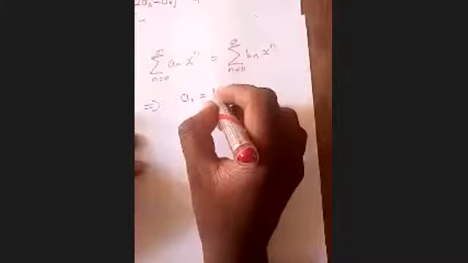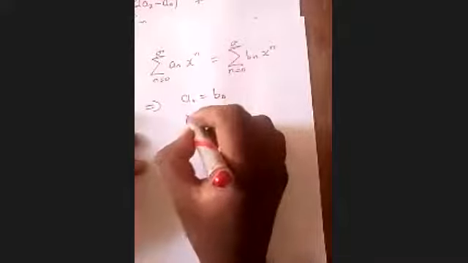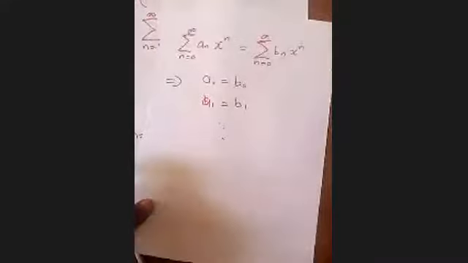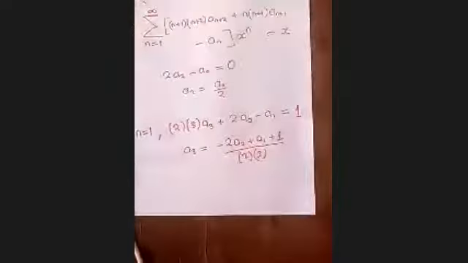So this implies that a_0 should be equal to b_0, a_1 should be equal to b_1, and so on. This is exactly what we're doing here. We're equating what we have here with what we have on the right-hand side.